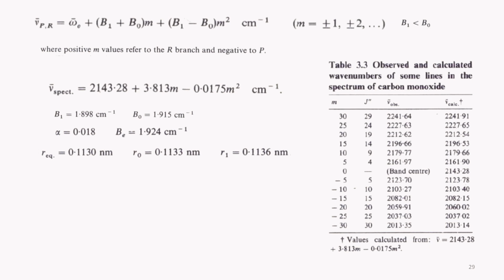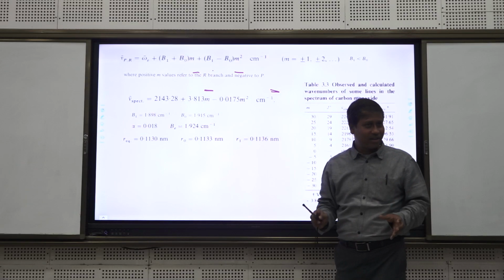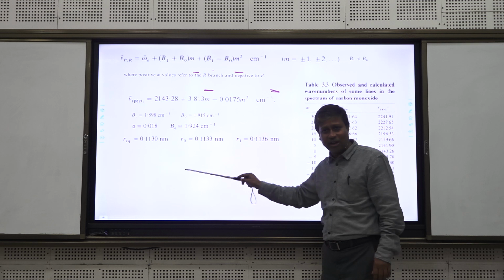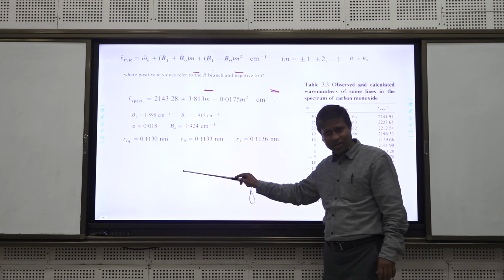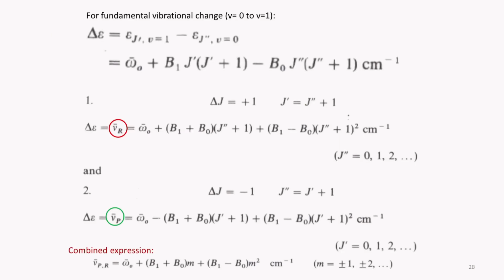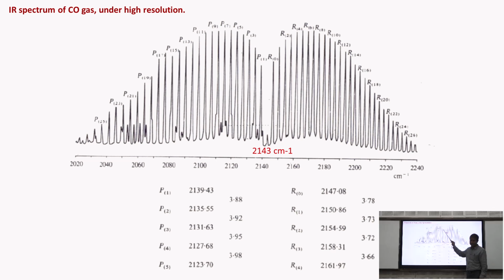This will be your homework. Use this expression to understand why there should be a decrease in the spacing between the bands in the R branch and an increase in the spacing between the bands in the P branch. Use this expression to explain this CO gas molecule spectrum.